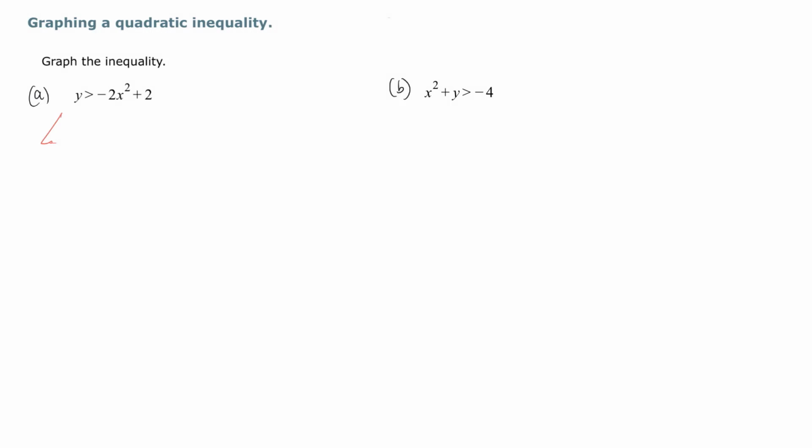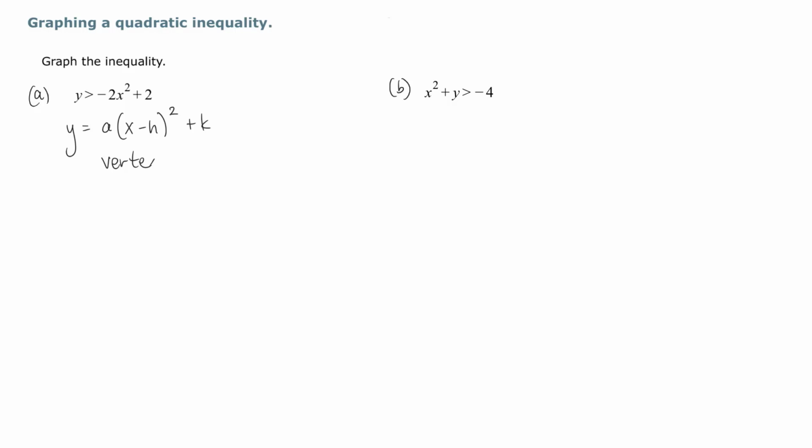Let's graph the inequality. These are actually quadratic inequalities, and so we are going to need to have a graphing form of a parabola. We're going to use this one: y equals a times (x minus h) quantity squared plus k, where we know the vertex.